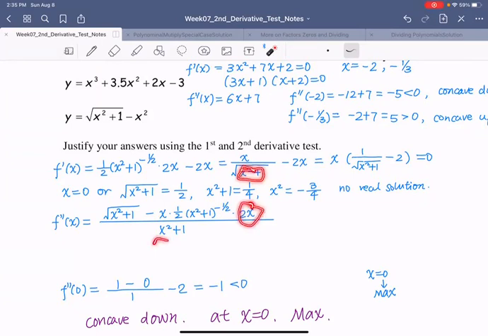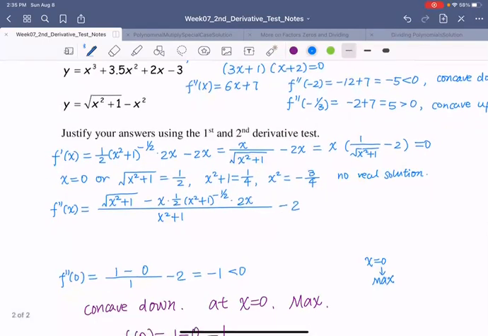Okay, very good. Minus this guy's derivative, how much? 2. Minus 2. Okay, there we go. And then we can simplify this, okay? 2 and 2 will cancel.